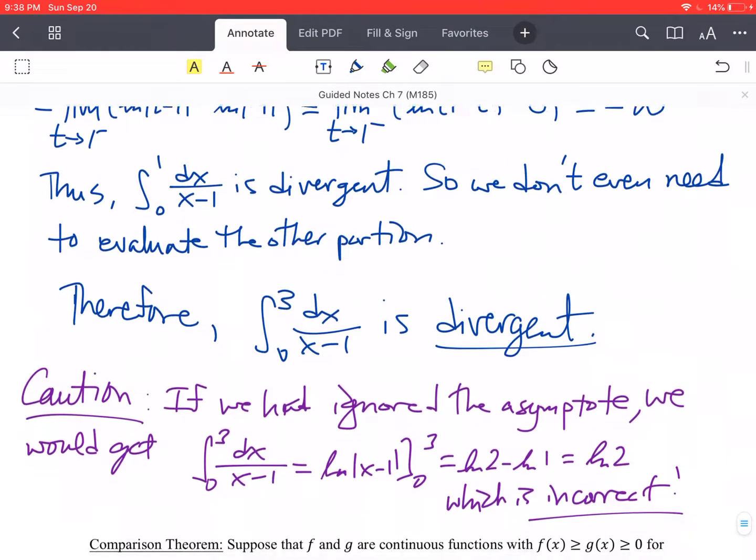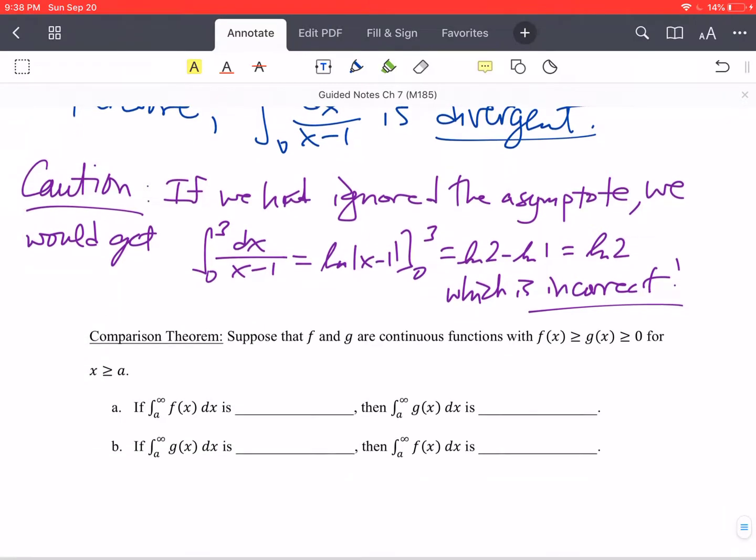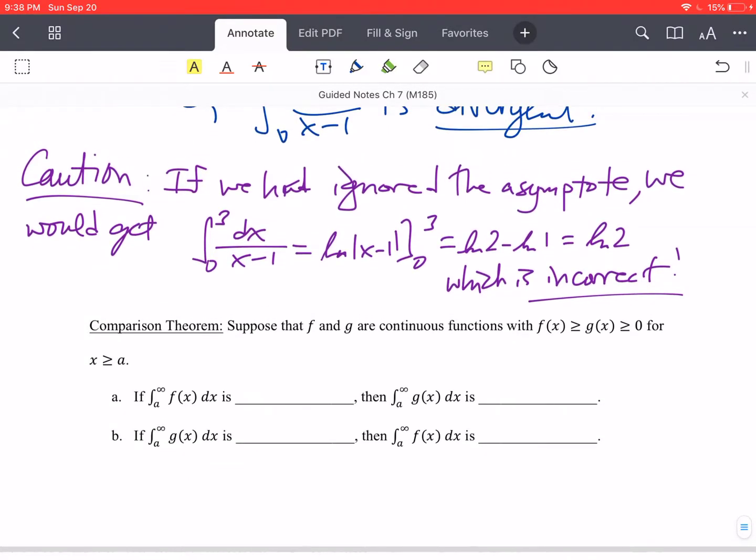Okay? So let's move on to the next topic here, and that is the comparison theorem. So this is going to be a way for us to evaluate integrals more indirectly. So suppose that f and g are continuous functions, with f being greater than or equal to g, which is greater than or equal to 0, for x greater than or equal to a.